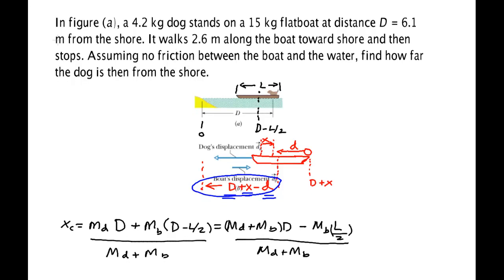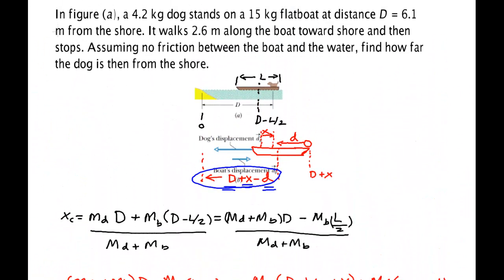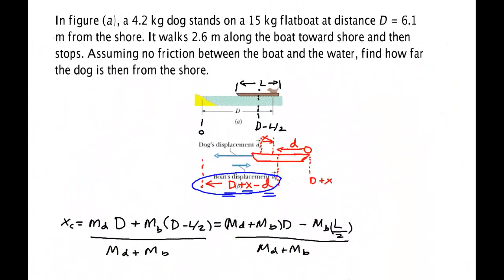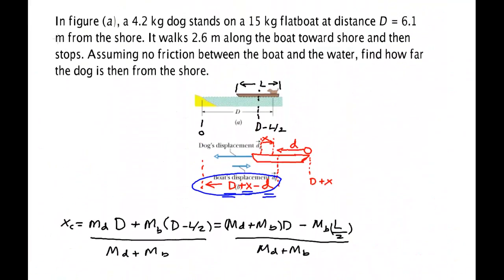I got a distance of 6.1 meters. I subtract the mass of the boat. The boat was 15 kilograms over 19.2 kilograms. And then we need the distance the dog walks. The distance the dog walked was 2.6 meters.